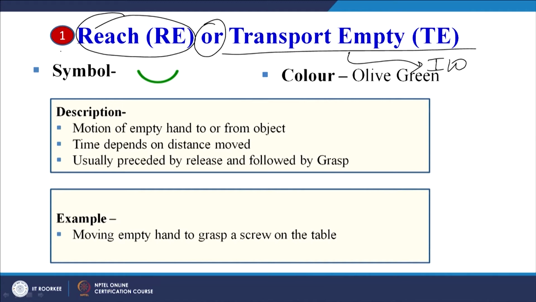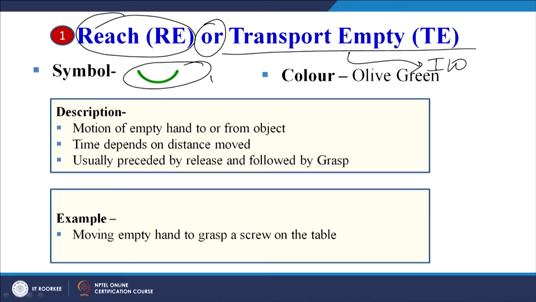So what are the effective therbligs? First one is reach or transport empty. Why is the word 'or' coming? Because in the book we are following, the ILO book on work study, it is transport empty, and in some of the other references you may find it as reach also, but the symbol is more or less the same.